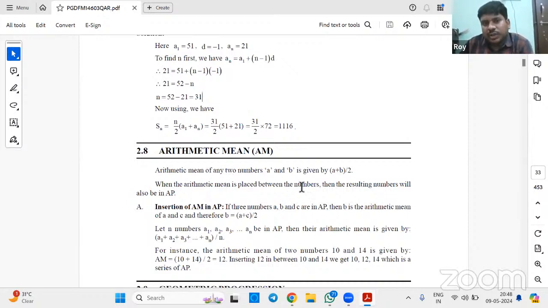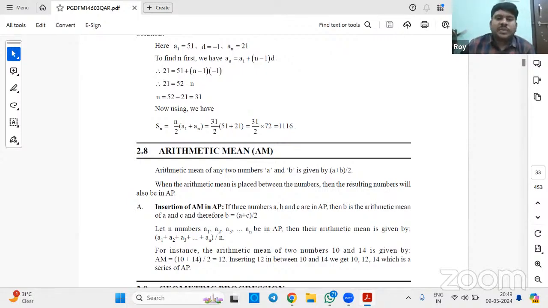The arithmetic mean of any two numbers a and b is given by a plus b by 2, because it is the average of the two numbers. What is the average of 1 and 2? 1 plus 2 by 2, then 3 by 2 is equal to 1.5. The average of the two numbers 1 and 2 is 1.5. You can do that.